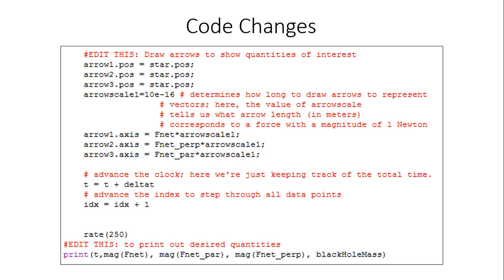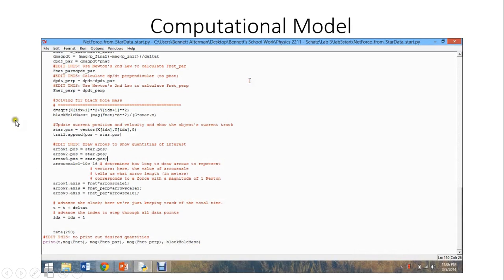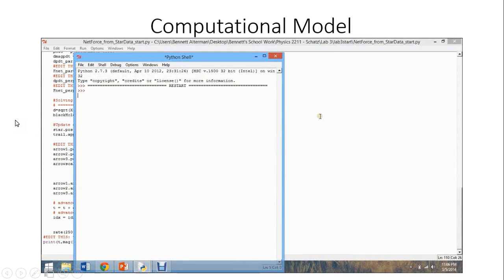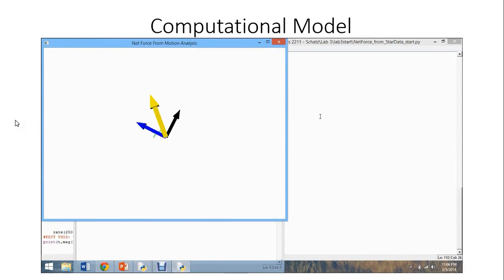Here, we must update the arrow scale to be representative of the forces at play in this scenario. As we can see while the code runs, the green ellipse represents the orbit of the star around the black hole. You'll notice 3 arrows.